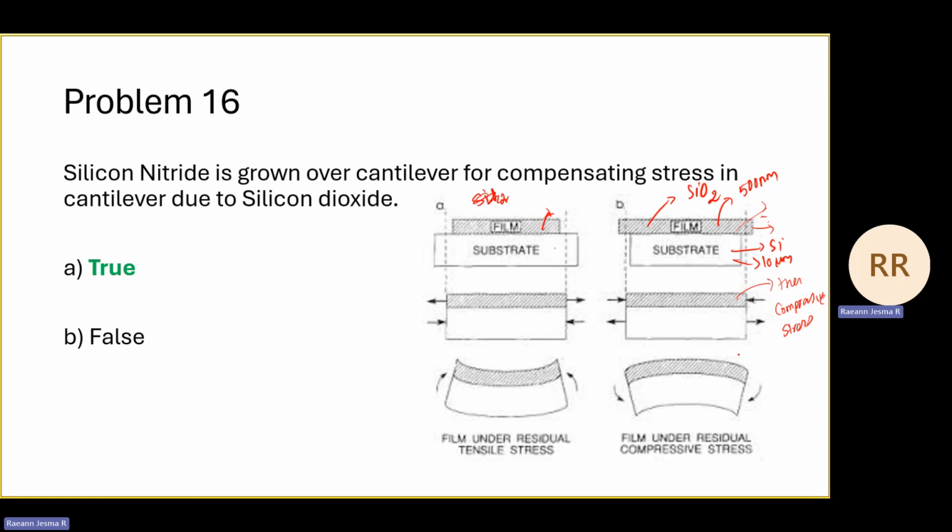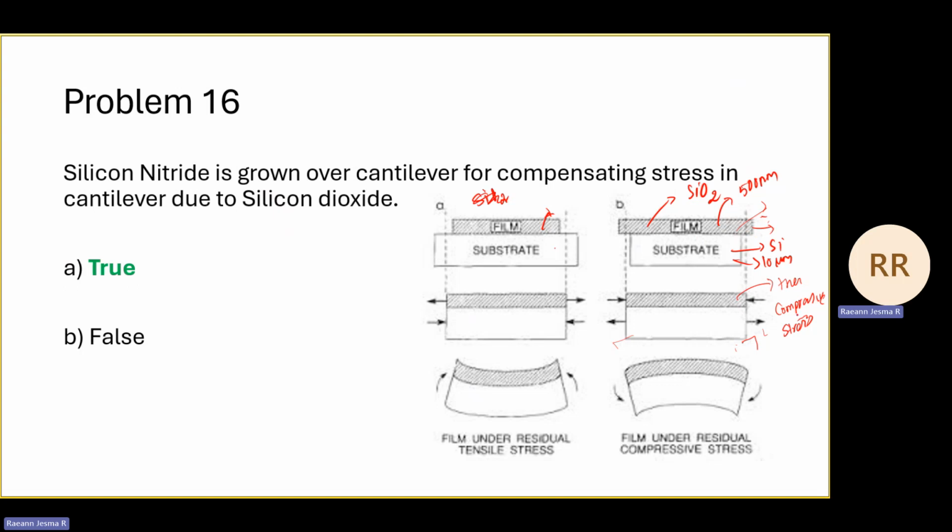So it will have compressive stress when it is in the clamped condition. When we release the structure, like if we are making a cantilever, the film will try to reduce its compressive stress. It wants to go to a zero stress state.